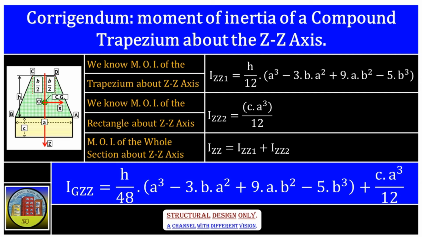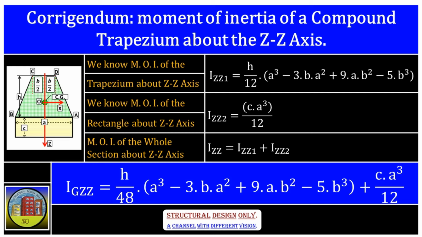Say the moment of inertia of the compound trapezium about the ZZ axis is IGZZ. Since the ZZ axis passes through the CG of both, IGZZ equals IGZZ1 plus IGZZ2. Finally we have the moment of inertia of the compound trapezium, IGZZ equals h by 48 into a cube minus 3b into a square plus 9a into b square minus 5 into b cube, plus c into a cube by 12.